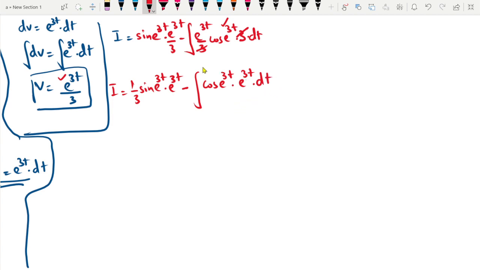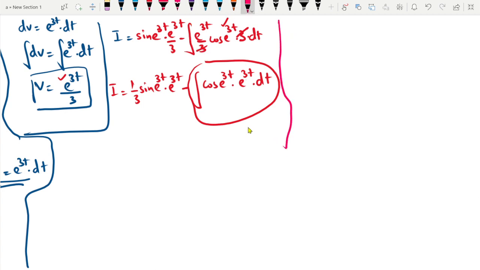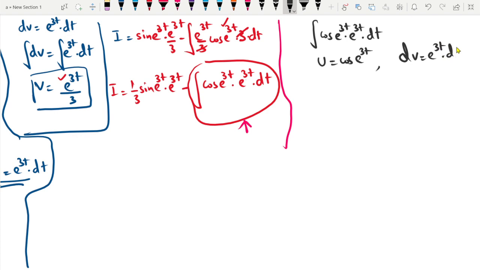Now I solve this by the integration by parts formula and put the value of this here. So this is the integral of cos of e^3t times e^3t dt. Make u equal to cos of e^3t, and dv equal to e^3t dt.